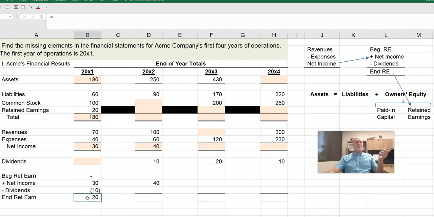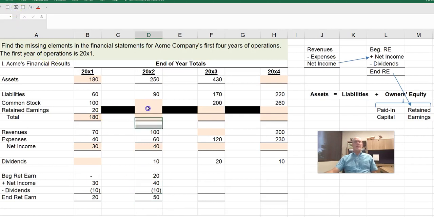So last year's ending retained earnings becomes year 2 beginning of 20. Add our net income of 40. We had dividends of 10, so we'll subtract that. And so our ending retained earnings, 20 plus 40 is 60 minus 10. That's going to give us 50.